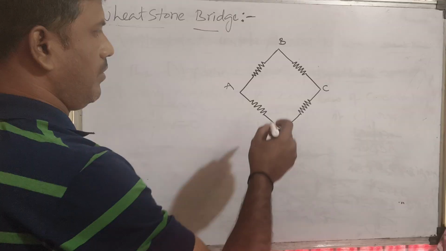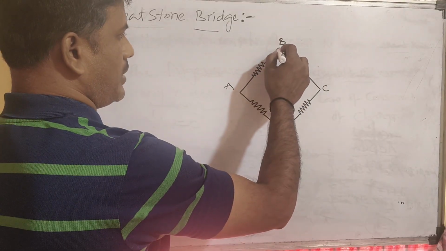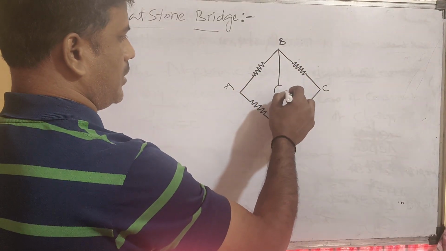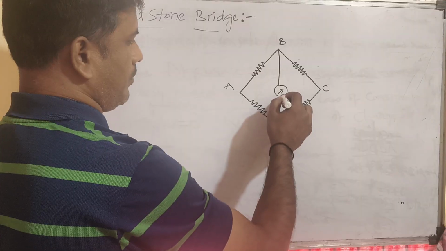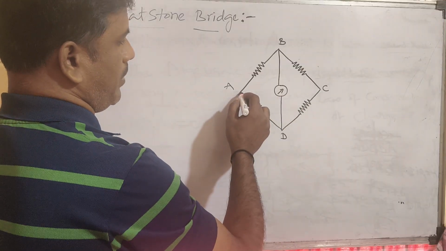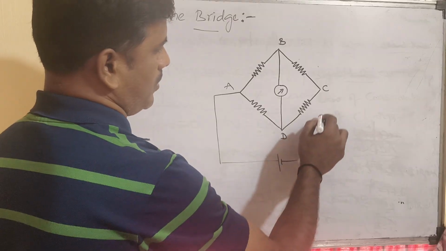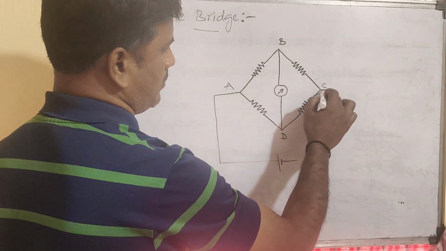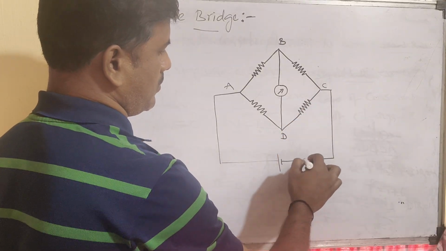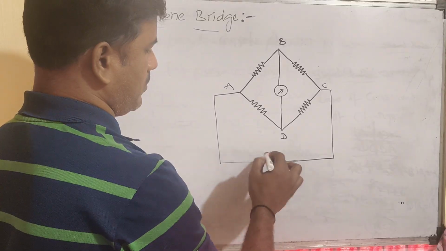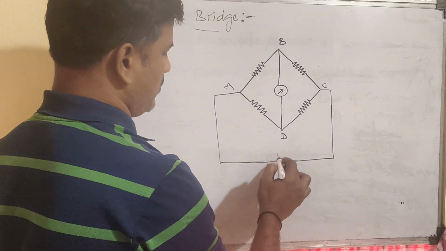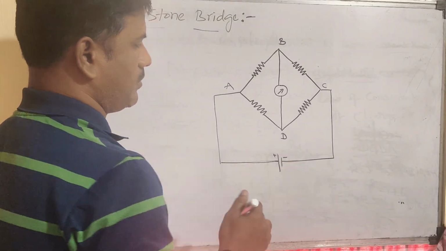Observe here, the two middle junctions are connected to the galvanometer. The remaining two junctions are connected to a cell or battery, with positive and negative terminals.